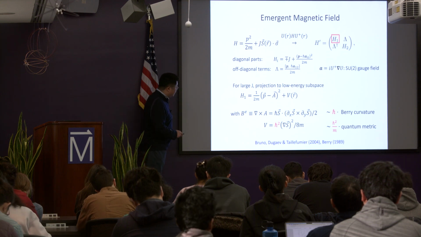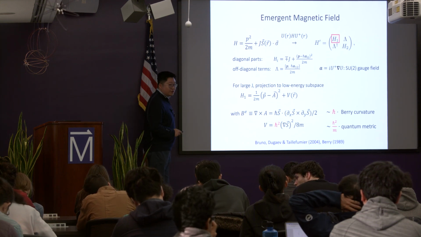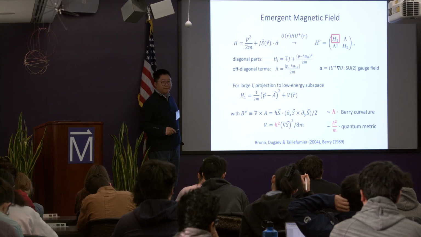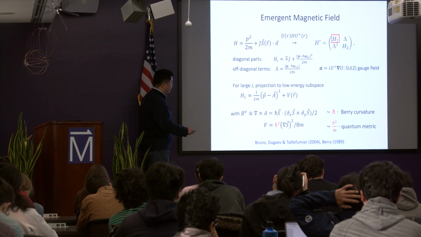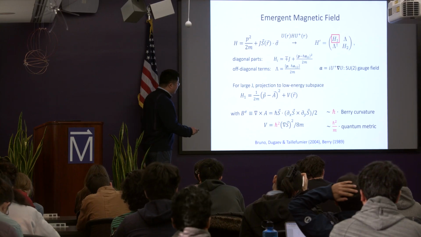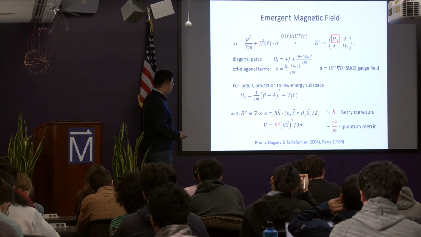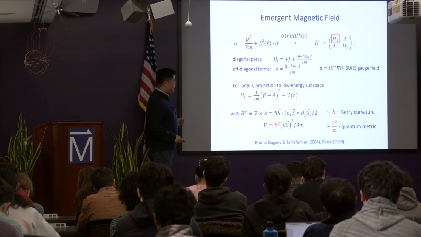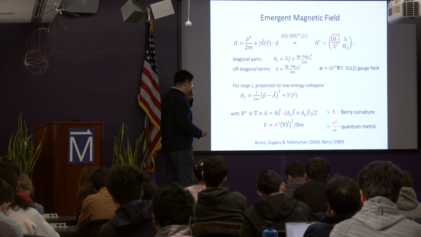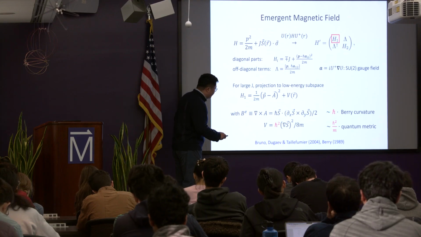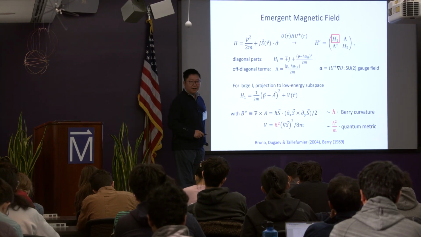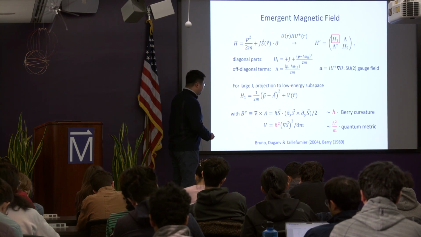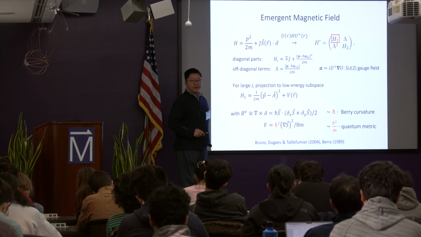So the corresponding gauge magnetic field, the curl of A, is exactly given by the Berry curvature, given by the spin chirality, while the scalar potential is exactly given by the gradient of the spin, which in a general setting is the quantum metric. One thing I want to emphasize is that the emergent magnetic field is, to first order in ħ, a leading order quantum correction, and the scalar potential is proportional to ħ squared.